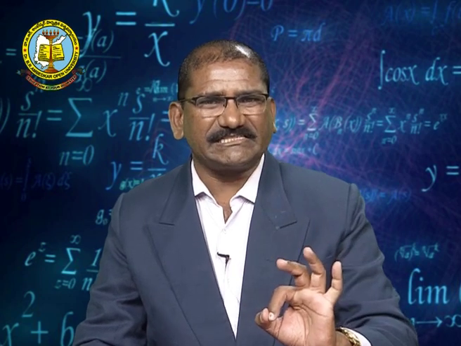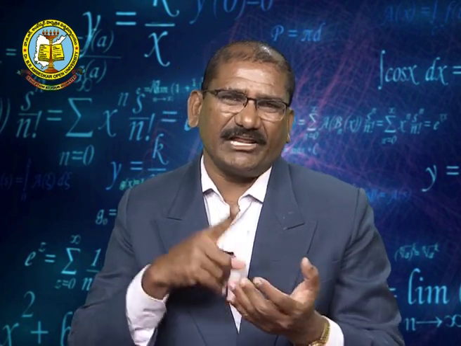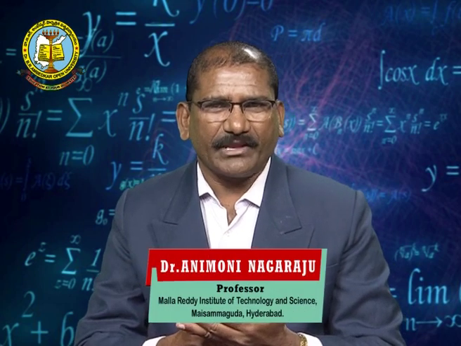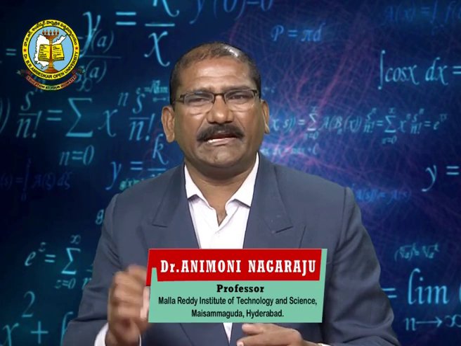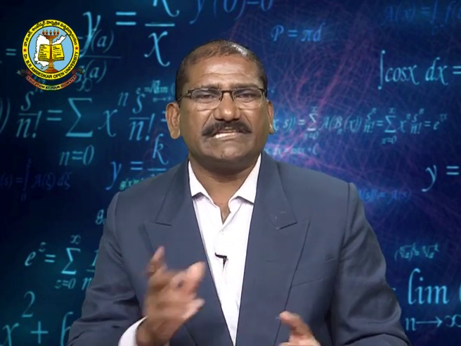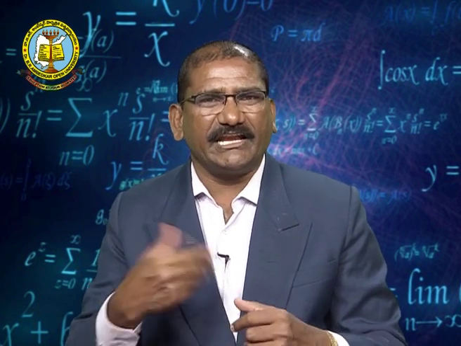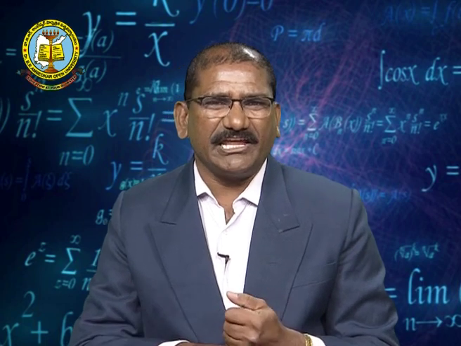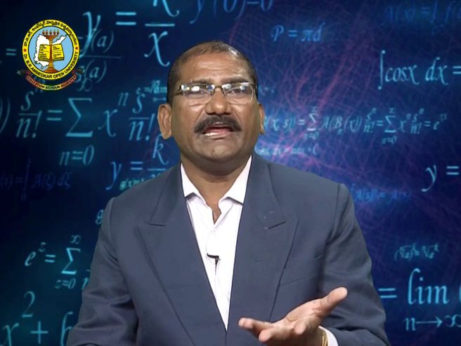This can also be checked by the Wronskian determinant. If the Wronskian determinant is not equal to 0, the functions are linearly independent; if it equals 0, they are linearly dependent. This is the overall summary.